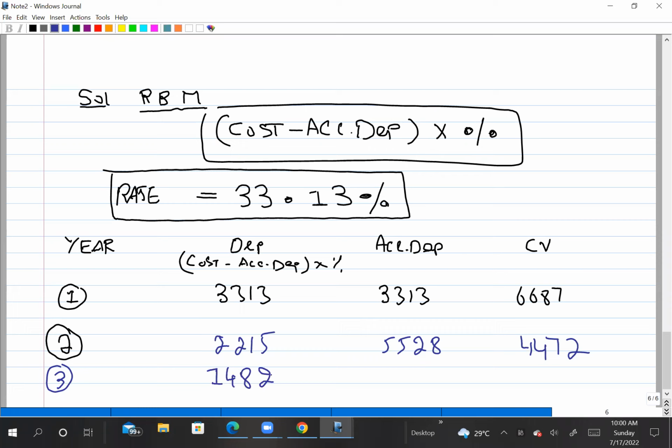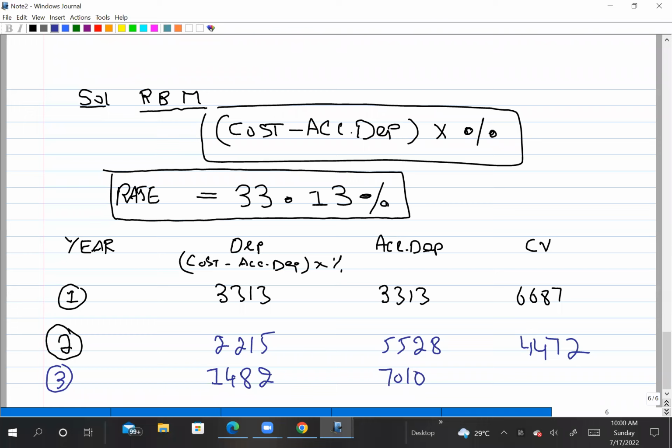On the same methodology, cost minus accumulated depreciation into depreciation rate. And the accumulated depreciation at the end of the third year will be 7,010.